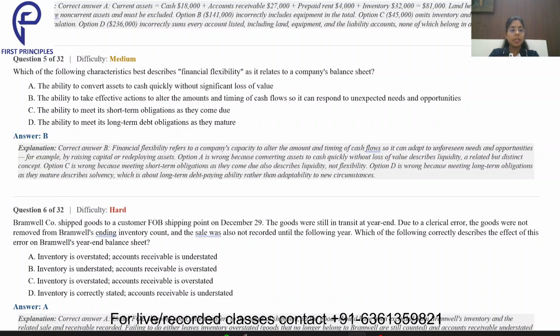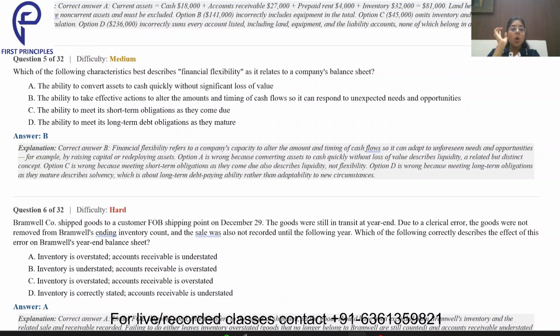Is this option correct? Yes, this option also looks correct. Let's see options C and D. The ability to meet its short-term obligations as they come due. The ability to meet short-term obligations is directly related to liquidity. Option C is not correct. Option D, the ability to meet its long-term obligations as they mature. Is this correct? No, this is also wrong. Why? Because long-term obligations are related to solvency.